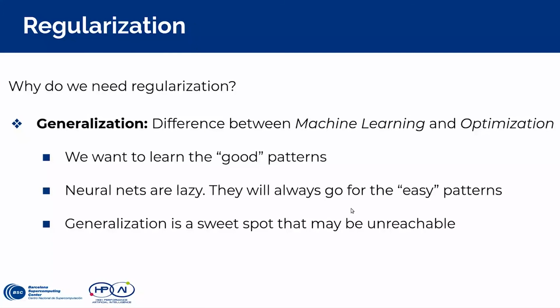And they will always go for the easy patterns, essentially, because they are going down the slope, in the direction in which it goes faster. So we have to be careful. Generalization's sweet spot is really complicated to reach. You eventually get there to a certain degree, but you will never get the same performance on training data and on data outside of the distribution.